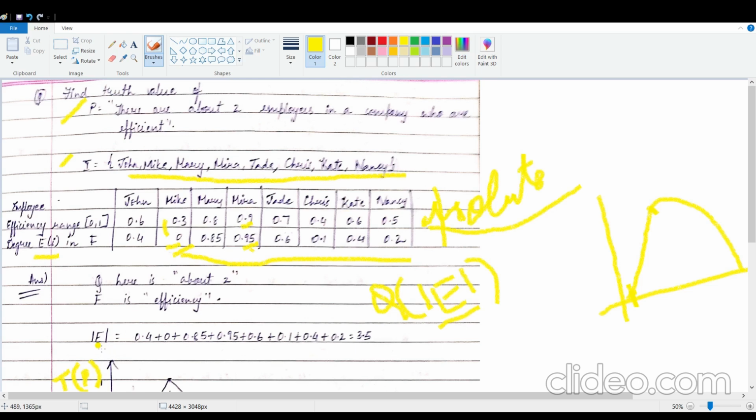If you remember from the earlier classes on fuzzy sets, cardinality is nothing but the summation of all the membership values in the set. These are all the membership values we are looking at, the third row values. We sum up all of them, and we get 3.5. So now we have to find out Q of 3.5.